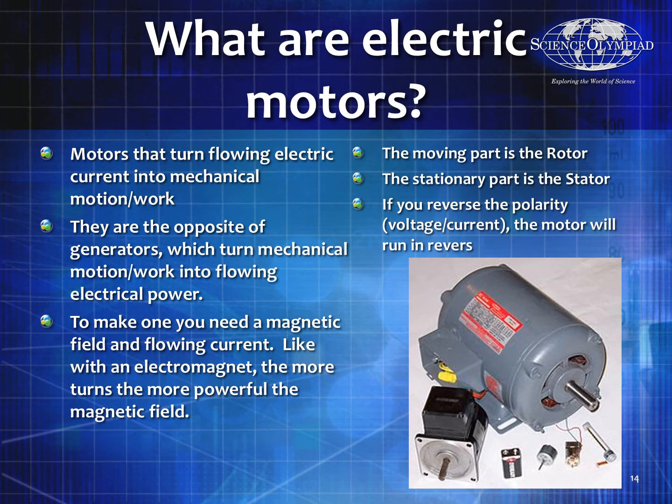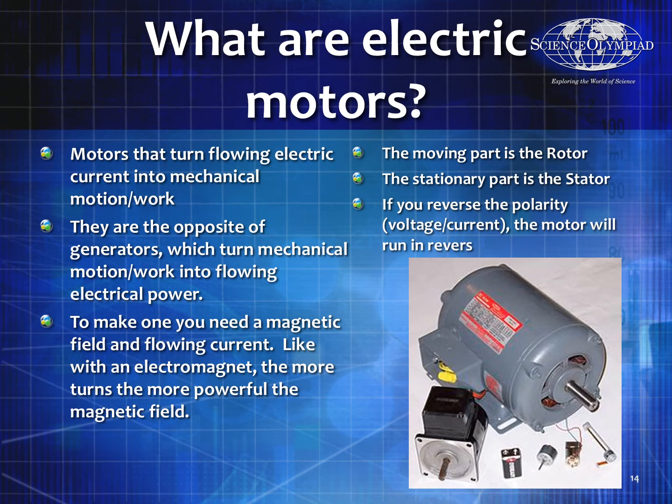By providing current, and these things usually have thousands of turns and iron cores, they create massive amounts of magnetic energy, which then creates magnetic force, and they usually spin. So they turn electrical power into mechanical motion or work.